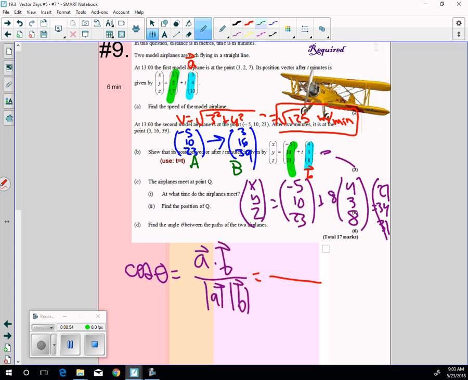So when you put those direction vectors in, 3, 4, 10, dot 4, 3, 8. Then you take the magnitude of 9 plus 16 plus 100 times 16 plus 9 plus 64.